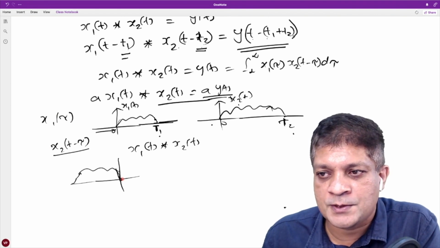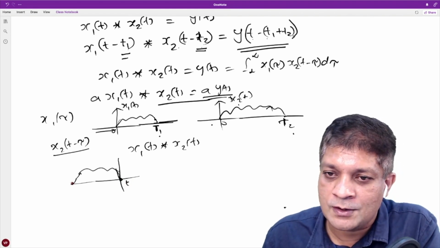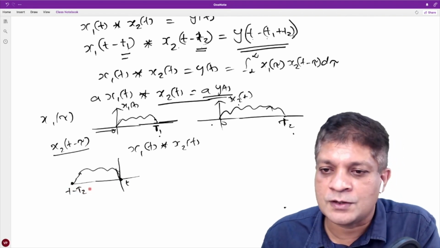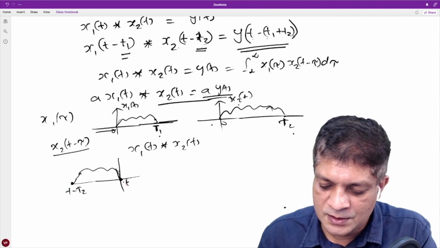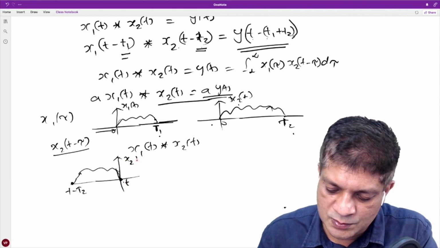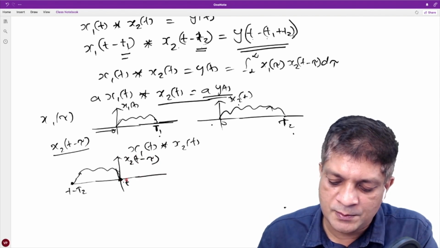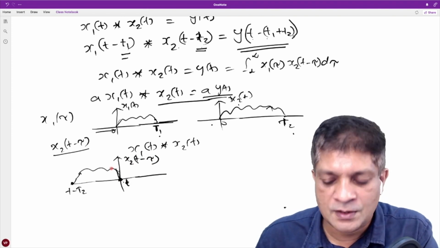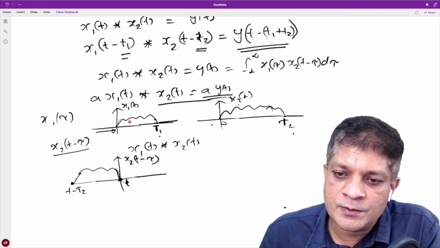This is t, and this point is t - t2, isn't it? Flip this signal, delay by t, then this is x2(t - tau). Now you have to move this point from minus infinity to infinity, multiply these two signals, and find the area.